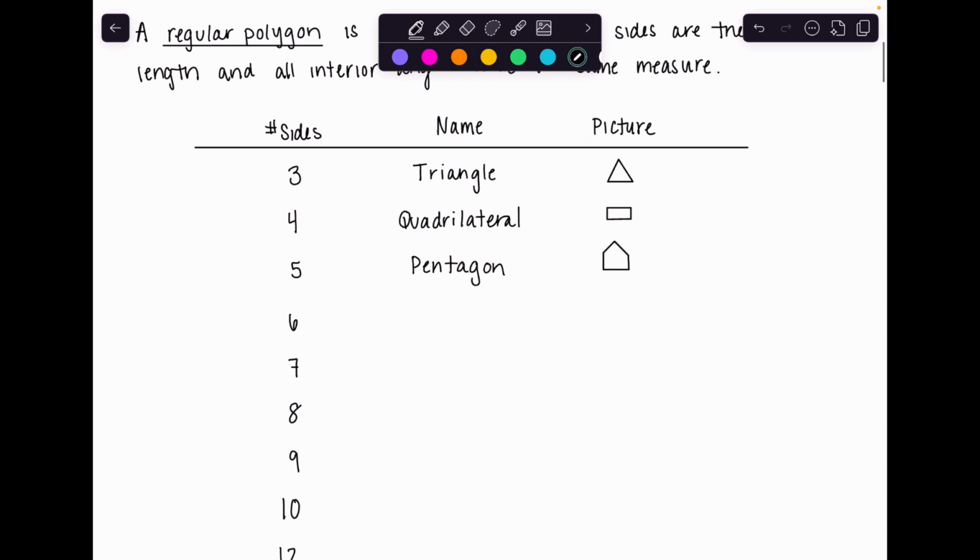A 6-sided figure is a hexagon. And this one I can also draw relatively okay too. So 1, 2, 3, 4, 5, 6. A 7-sided figure is a heptagon. Heptagon, a little bit hard to say.